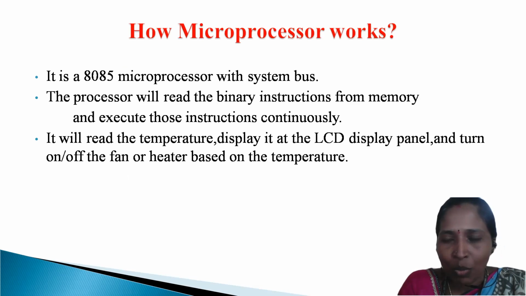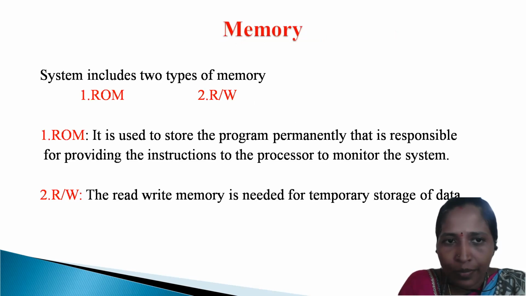Whatever instructions are needed are given from memory to the microprocessor, which reads and executes them continuously. It reads the temperature, displays it on the LCD panel, and turns the fan or heater on or off based on the temperature. Coming to the next slide.